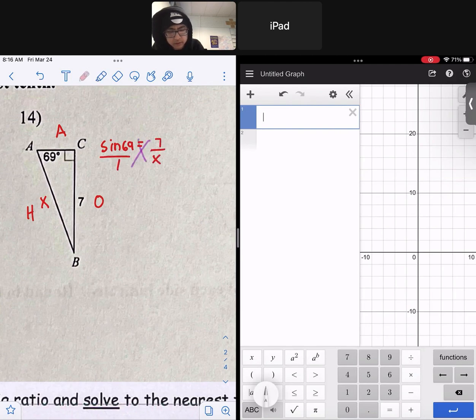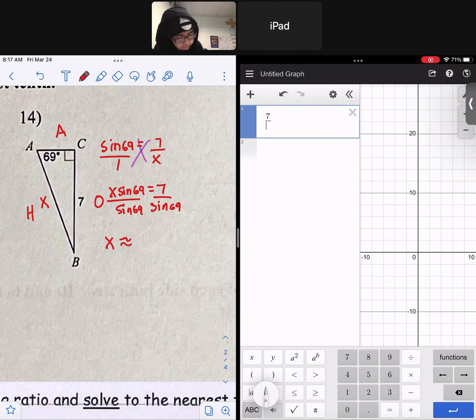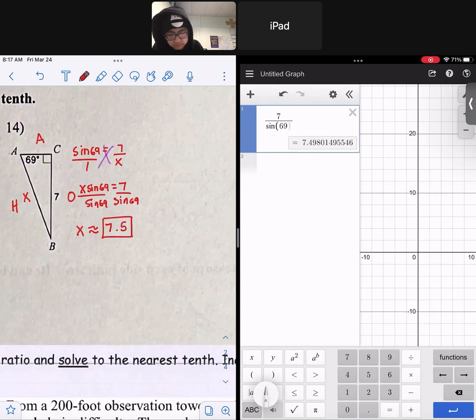Cross multiply. x sine 69 equals 7. Divide both sides by sine 69. So x is roughly going to be, what is 7 divided by sine 69? 7.5.